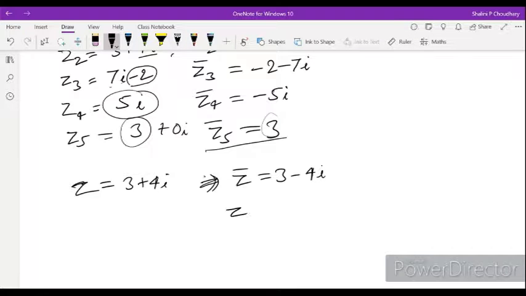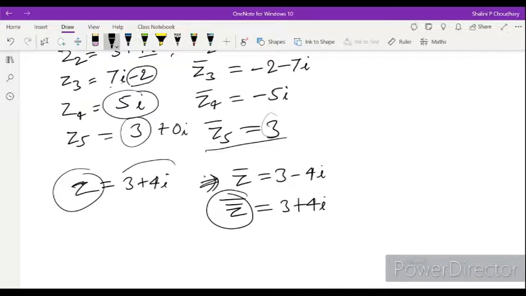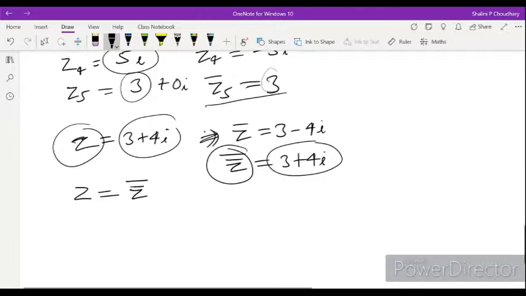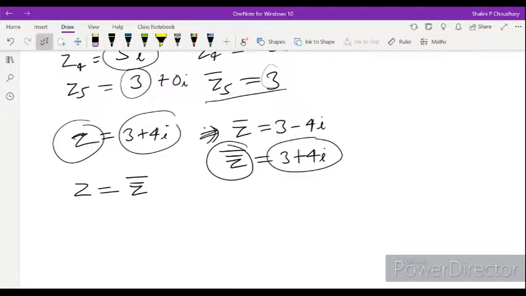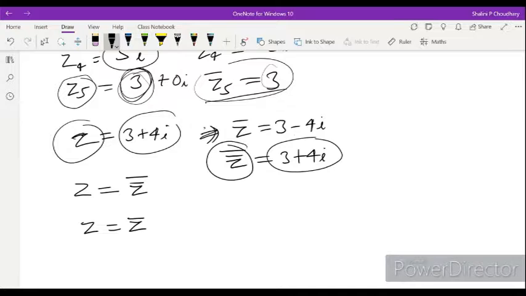Now the conjugate of Z bar: the sign changes again, 3 plus 4i. So this is equal to the original, 3 plus 4i. So we can say that Z will be equal to Z double bar. Here we have seen Z5 had only a real part, that is a real number, so there is no change. So if Z is equal to Z bar, it means Z is real.